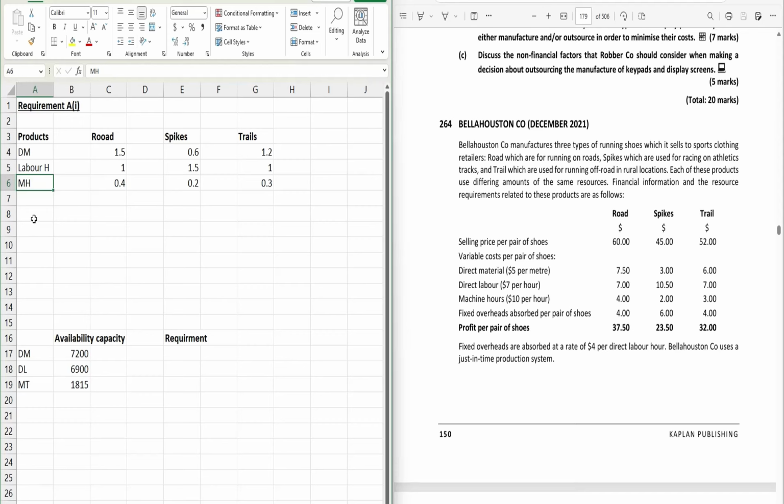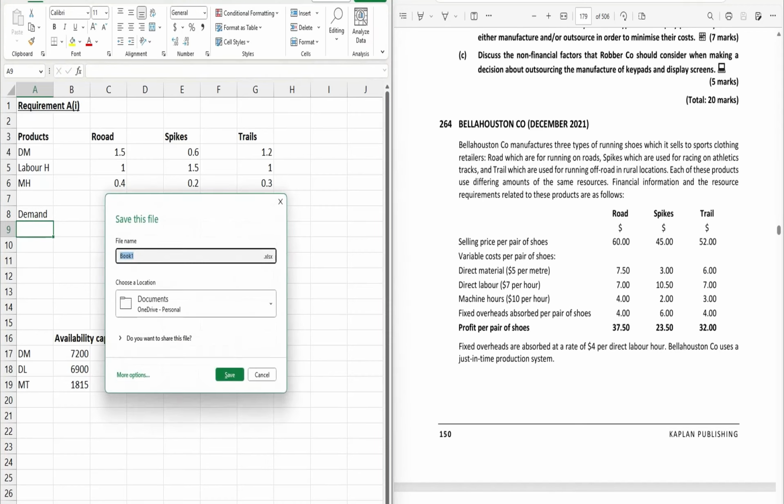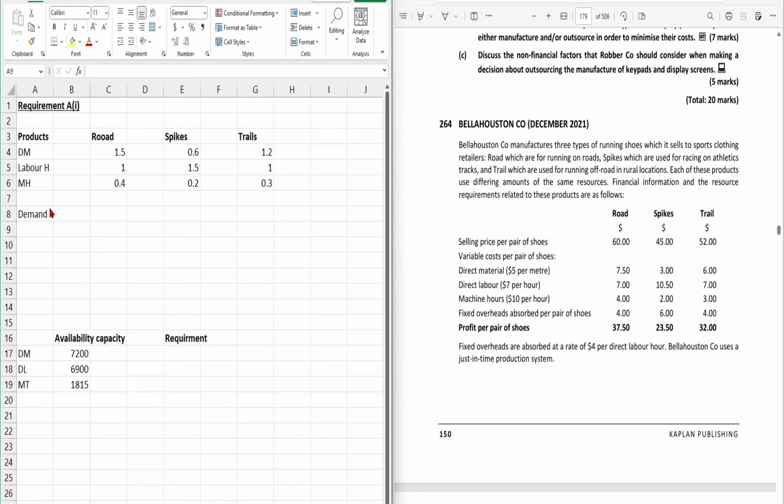So now come to the demand. This is the product requirement, the material requirement and labor requirement. Now let's come to the demand: the number of pairs required externally.